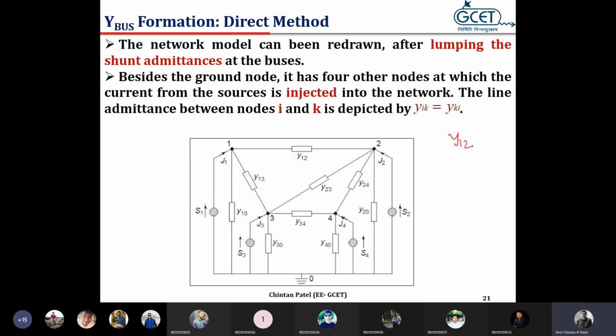First is Y12, another is Y13, then Y23, Y24 and Y34. These five are the admittances of transmission lines between actual buses. Which are the other type of admittances?